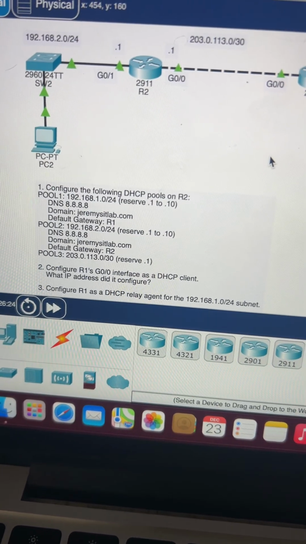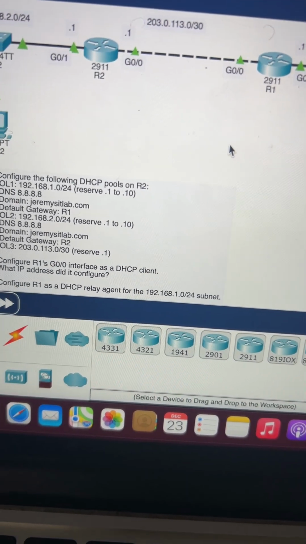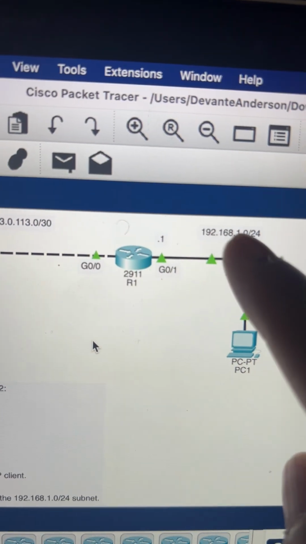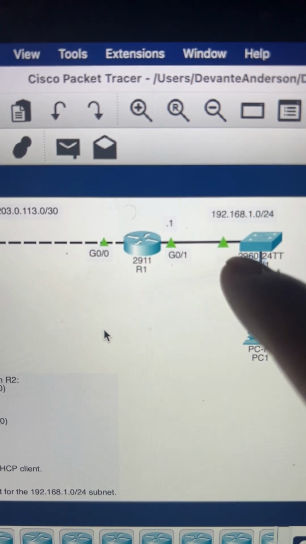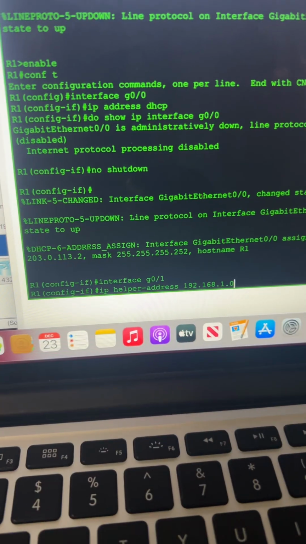Next, we're going to configure R1 as a DHCP relay agent for the 192.168.1.0 subnet. And the rule is that for the subnet that we're acting as a relay agent for, we're going to activate it on the interface closest to that subnet. So since we're going for this subnet here, we're going to do it on this interface right here because it's connected to it. Here goes the command right here.